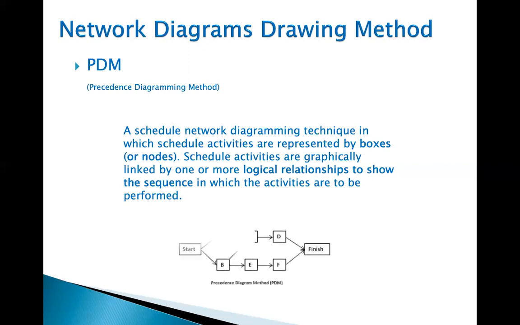So this is an example of a PDM. This chart is representing a project with 6 activities. We have activity A, activity C, activity D. If I ask you what is the relationship between activity B and activity E, the answer is that you cannot start activity E, as in Edward, until you finish activity B, as in boy.